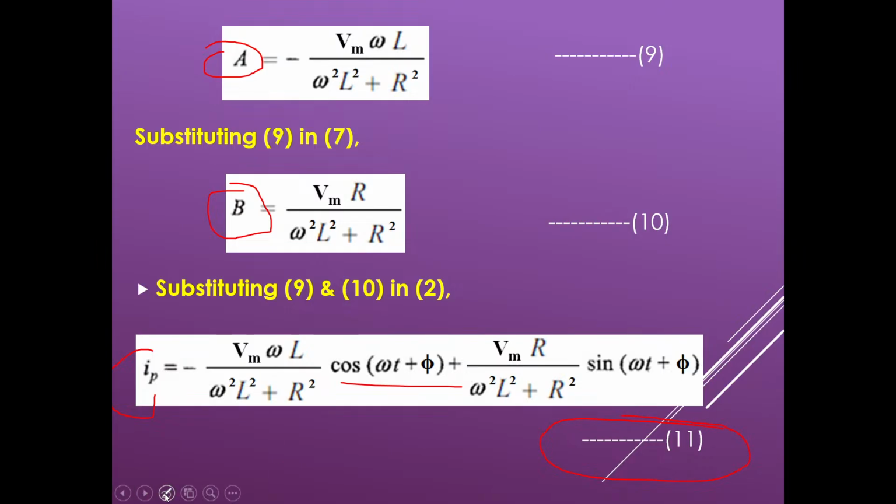So this is the particular solution for the given non-homogeneous equation that you have obtained by simply rearranging the terms of your KVL equation for the RL circuit.